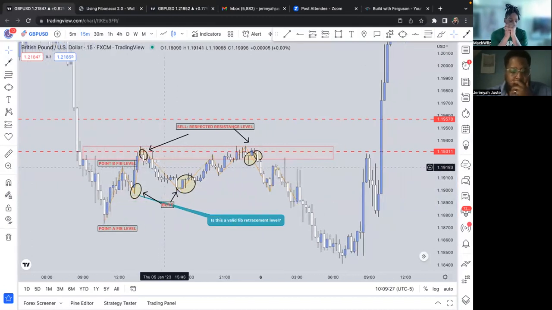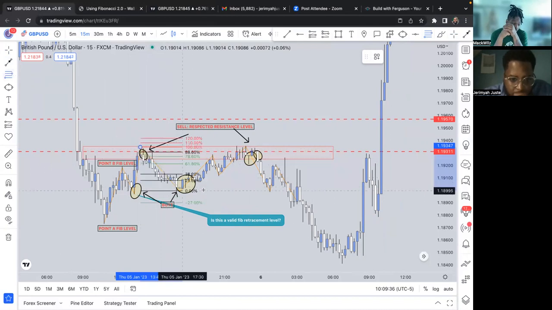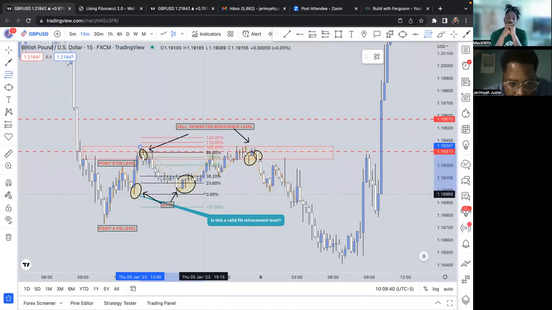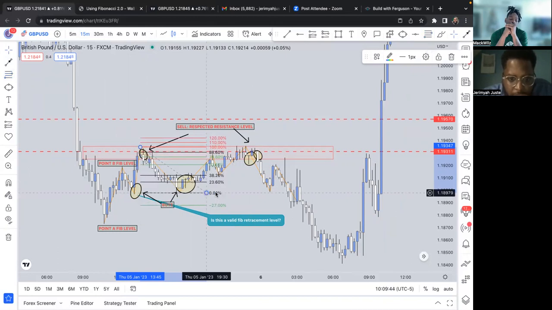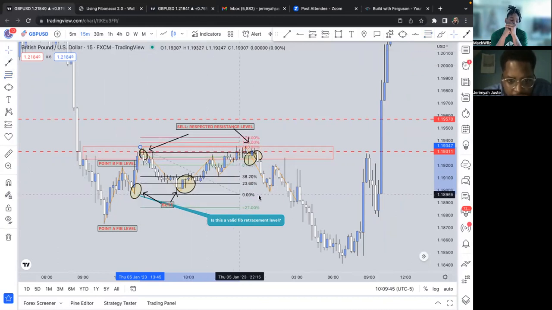I noticed, so okay, here, pretty much same thing. So my fibs from this point to this point right here. Let me drag it out a little bit so it's cleaner to see.